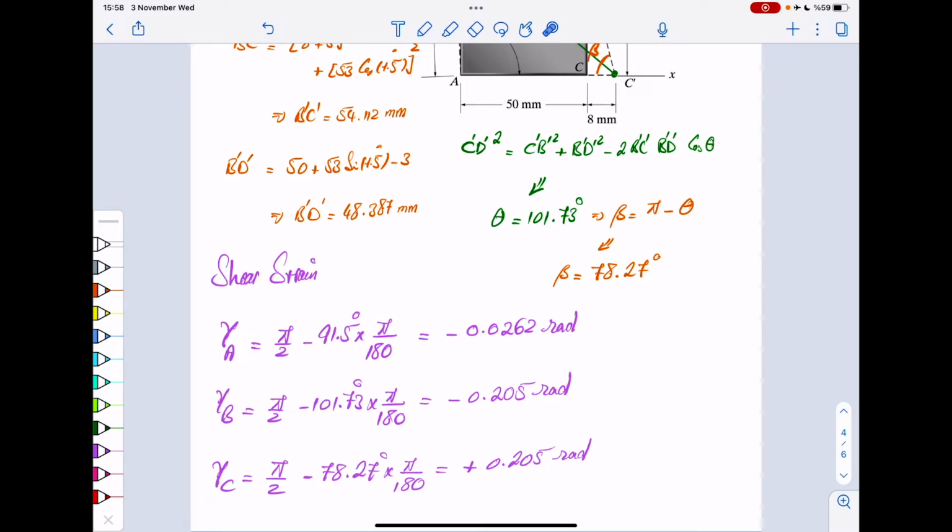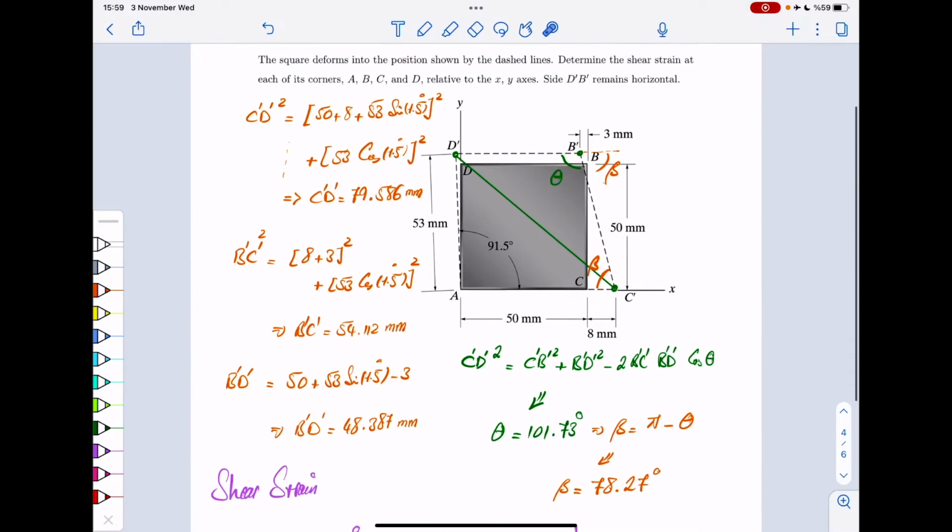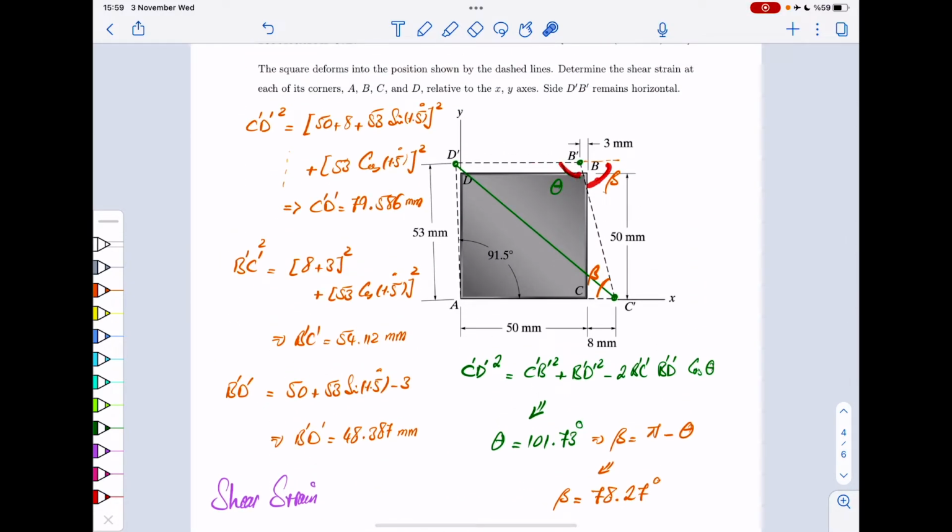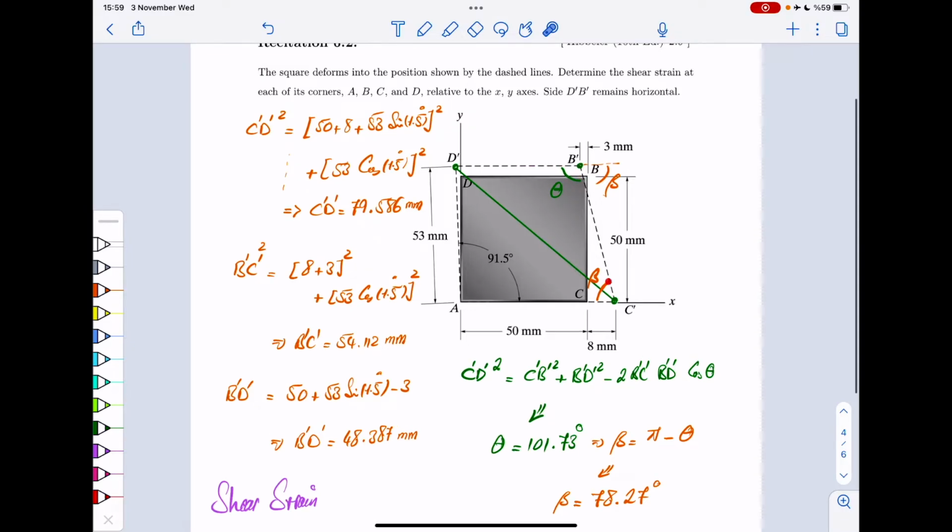All right? This is not a huge surprise because you remember these two angles are making 180 together, right? So it makes sense that at these 2 points, you basically get similar results. The reason we have 2 different signs is that one of them is more than 90, the other one is less than 90, okay?